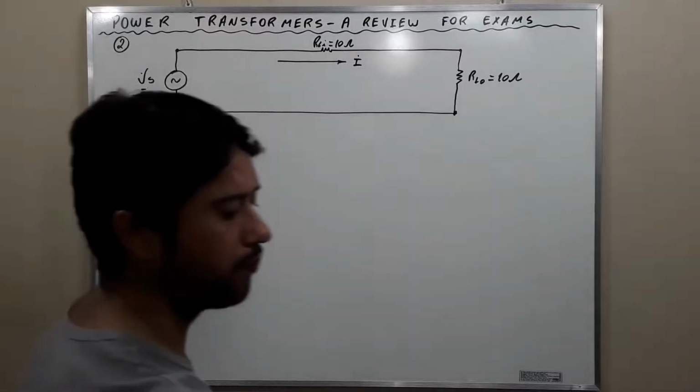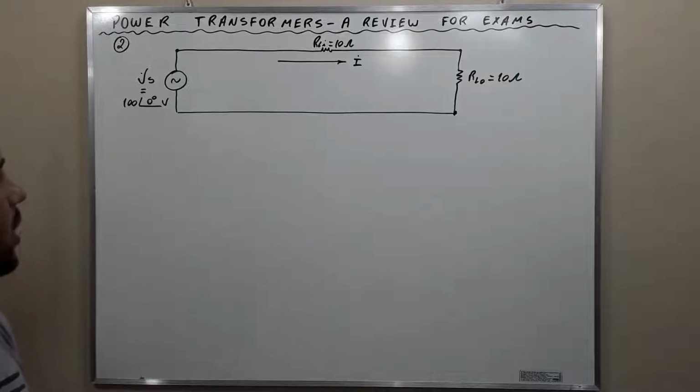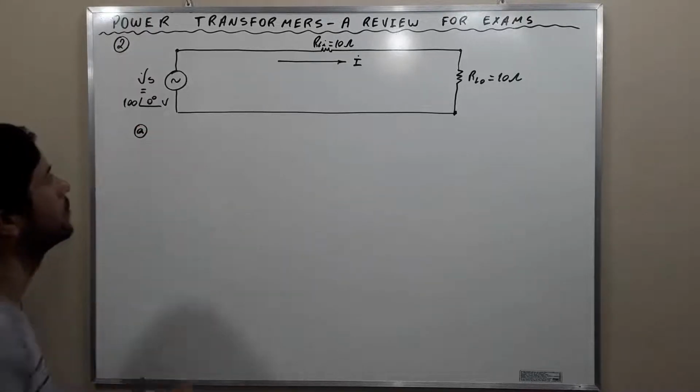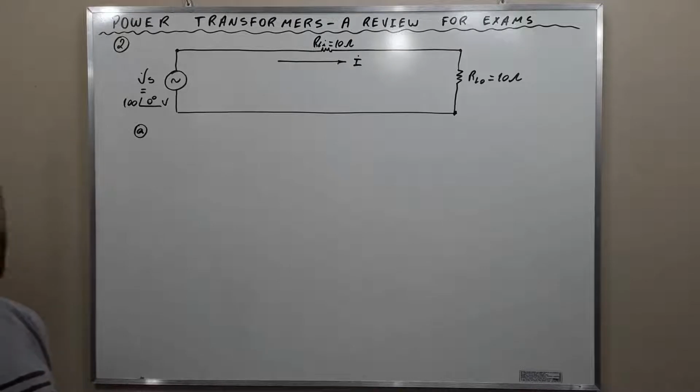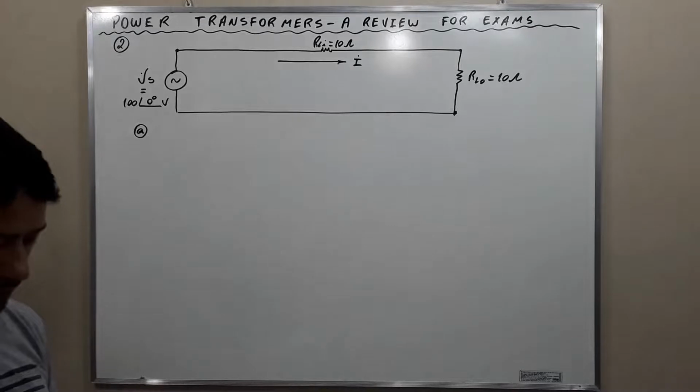Okay, my friends, this is exercise number 2. Let's go to the solution. Letter A, without transformers. Without transformers, we have this simple electrical circuit.